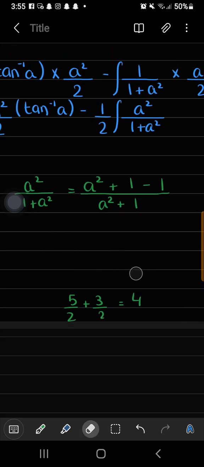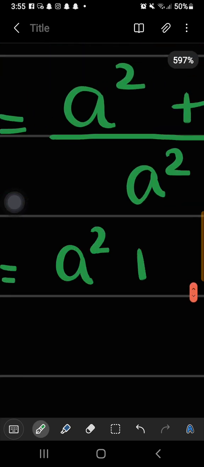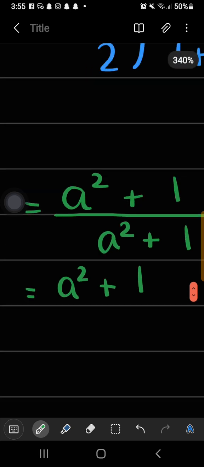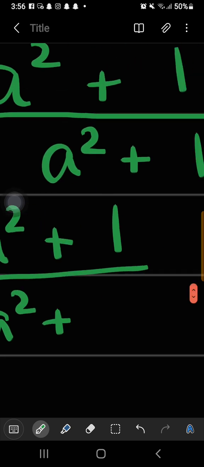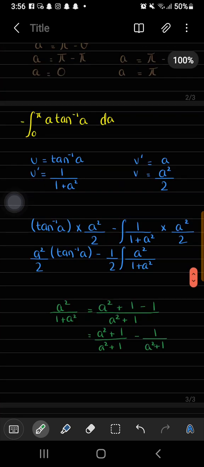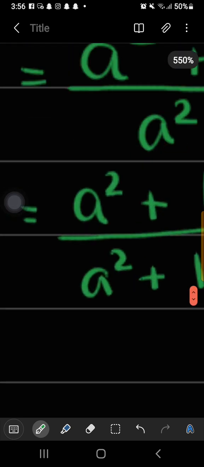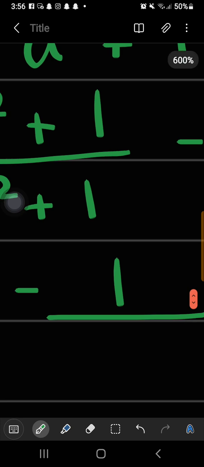So are you getting this? So now we will do this, that we will write a square plus 1 upon a square plus 1 minus 1 upon a square plus 1. So this becomes 1 minus 1 upon a square plus 1.